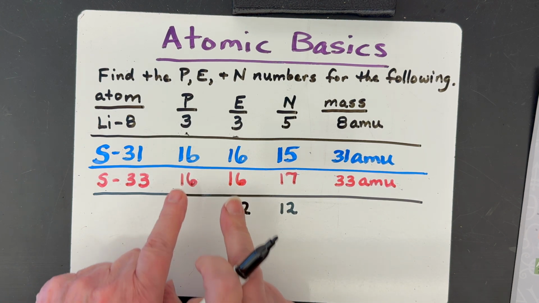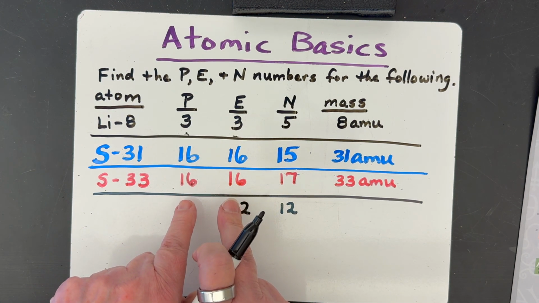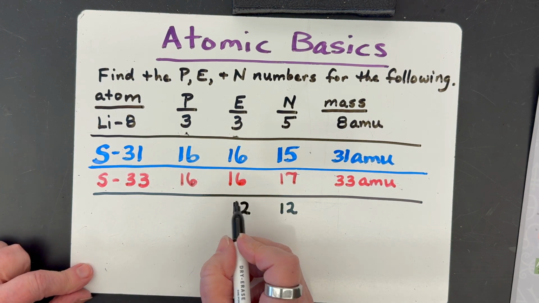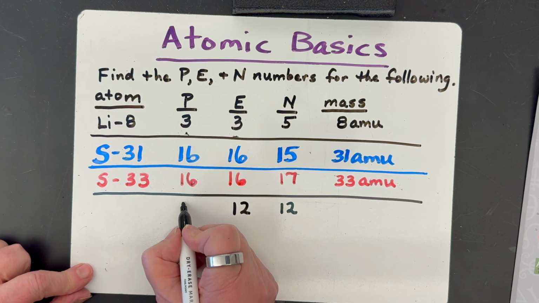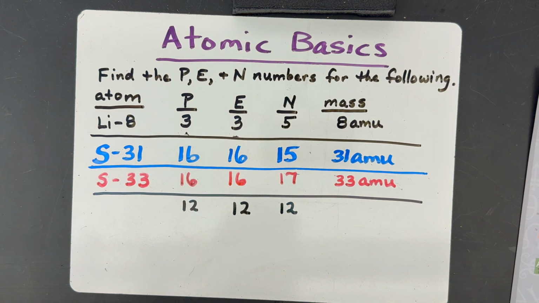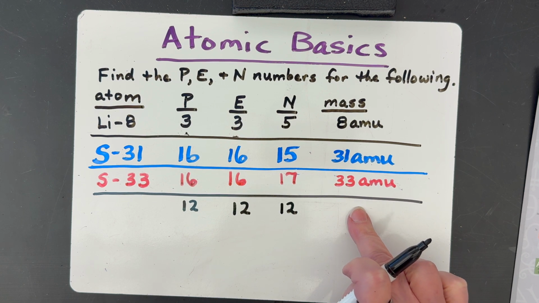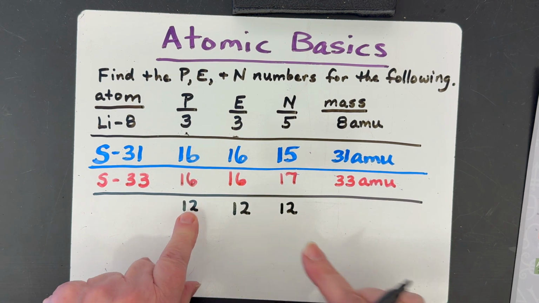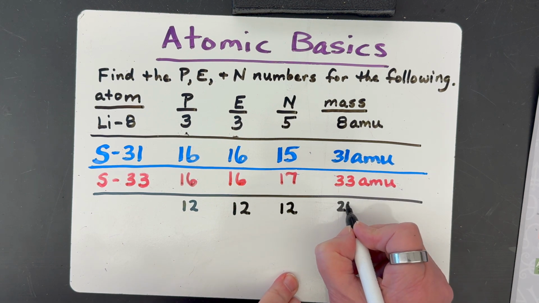But remember, our protons and electrons are equal because our pluses and minuses have to be equal. So if our electrons are 12 minuses, we need 12 pluses to balance it out. Our mass is proton plus neutron. So 12 plus 12 is 24.